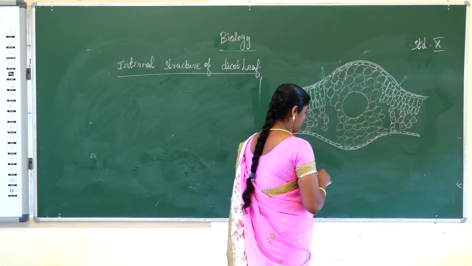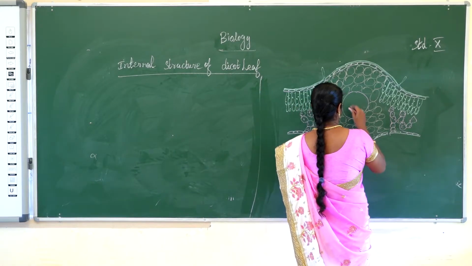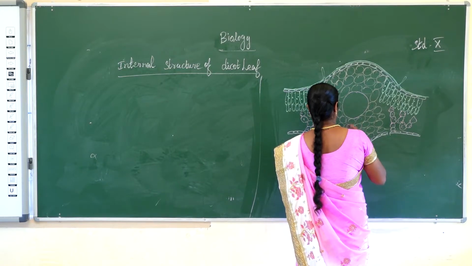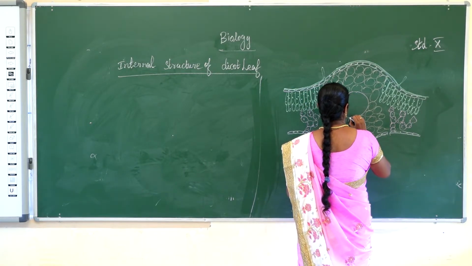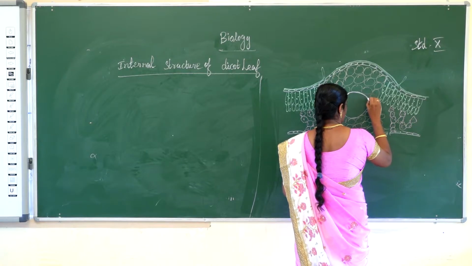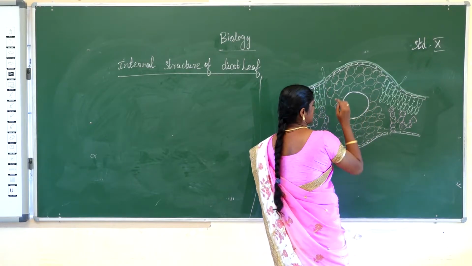Next, the vascular bundle in the midrib is larger. Inside the vascular bundle, xylem and phloem are present.